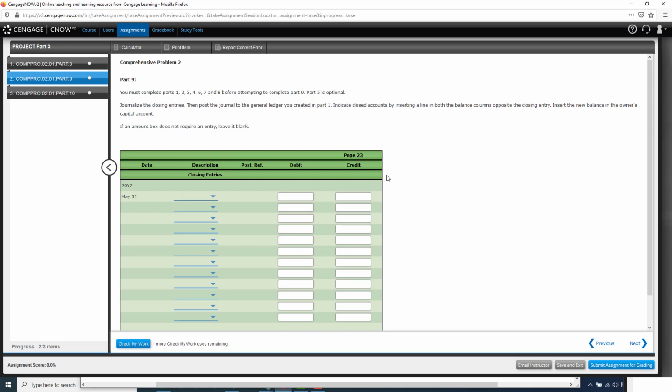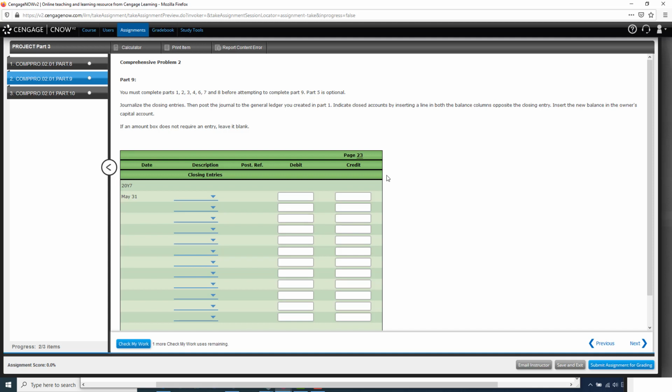So you had account, balances, and then you do some journal entries, and all of that combined, you were able to do the unadjusted trial balance. That's part 1. In part 2, you had to do adjusting entries. So at the end of the period, there were some transactions that were missing, and you need to do some adjusting entries.